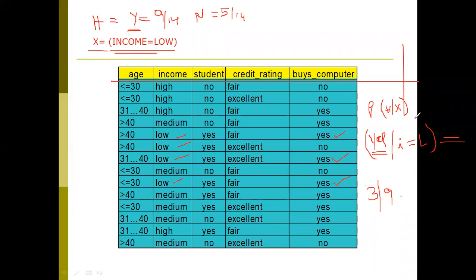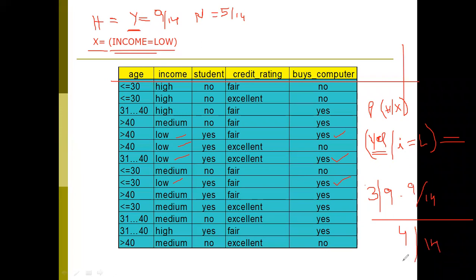What is P of H? P of H means total number of S class labels by total number of tuples, divided by P of X, which is 4. How many records are there under income low? 4. 4 records by total number of records.